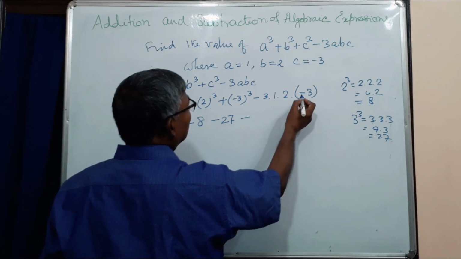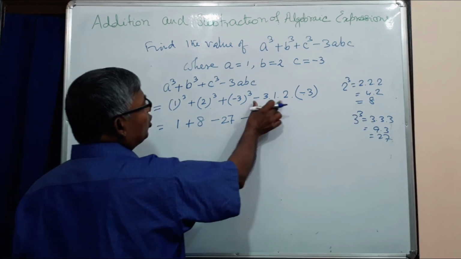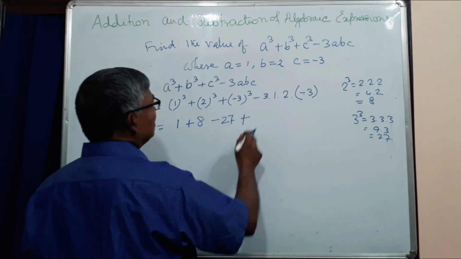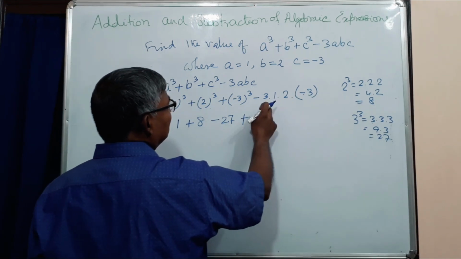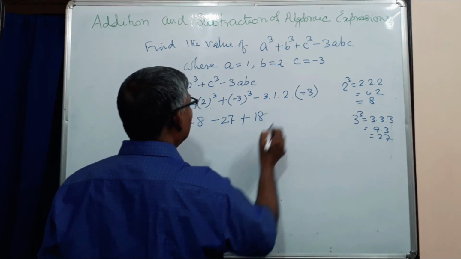Now this will be minus and minus here. So multiplication of two same signs, that is negative, is positive. Minus 3 into minus 3 equals 9 into 2, that is 18.